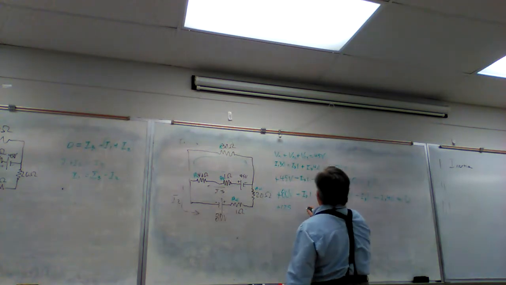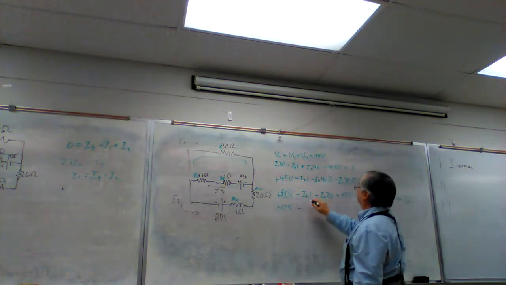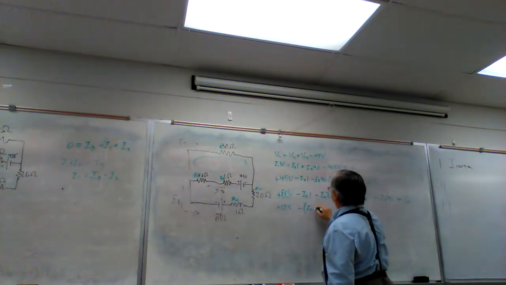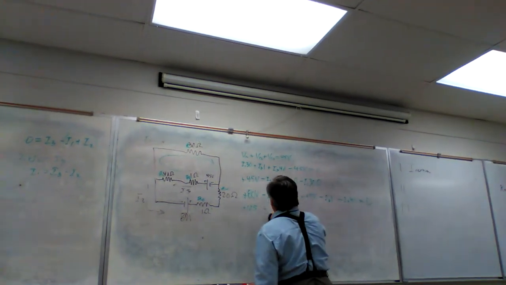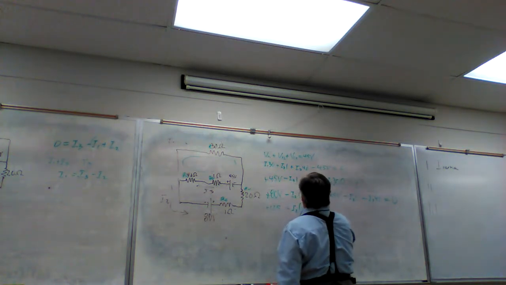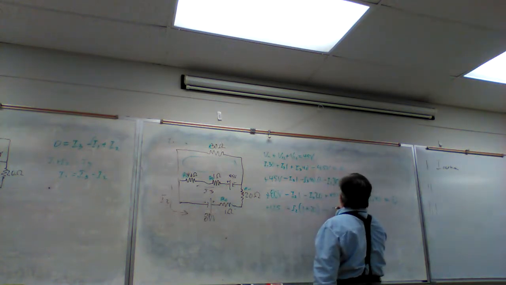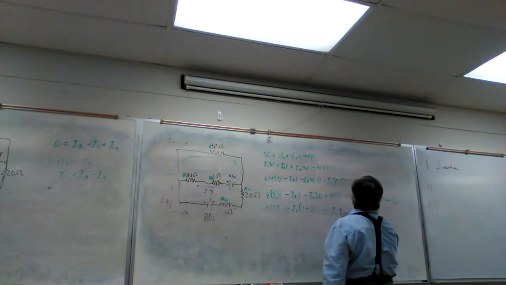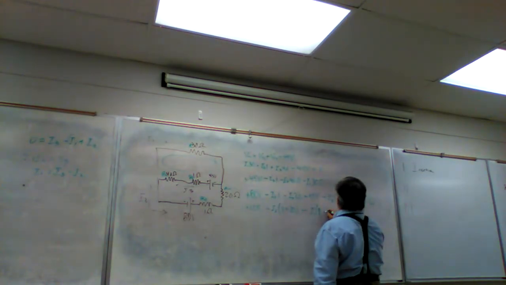Okay. 125 minus I2 times, be very careful here, I'm going to factor out I2 times 1 plus 20, minus I3 times 1 ohm, minus, okay, I'm going to factor out an I3 here, 1 plus 40 ohms equals 0.